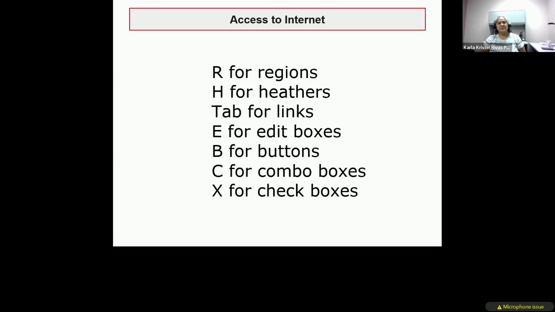But if you're using, for example, Narrator, which is the screen reader that comes with Microsoft, you're gonna use the K for link to jump between links. That's where a little bit of difference will come in. If you wanna move to the next edit field, you push the letter E. If you need to move to the next button, you push the letter B. So if you see here, at least these people were smart enough to use very common sense: you push the letter that the word starts with.